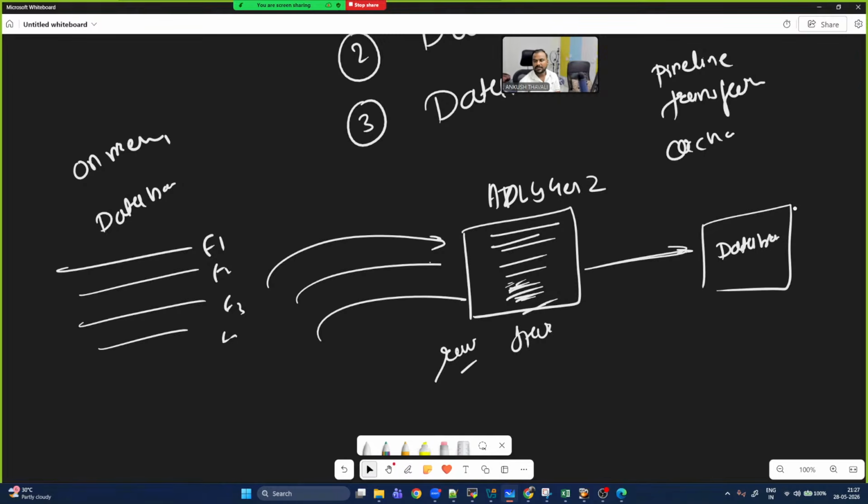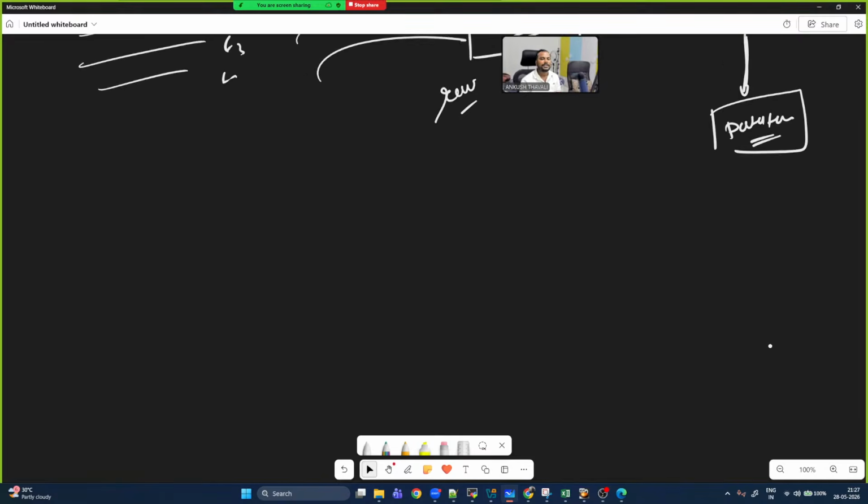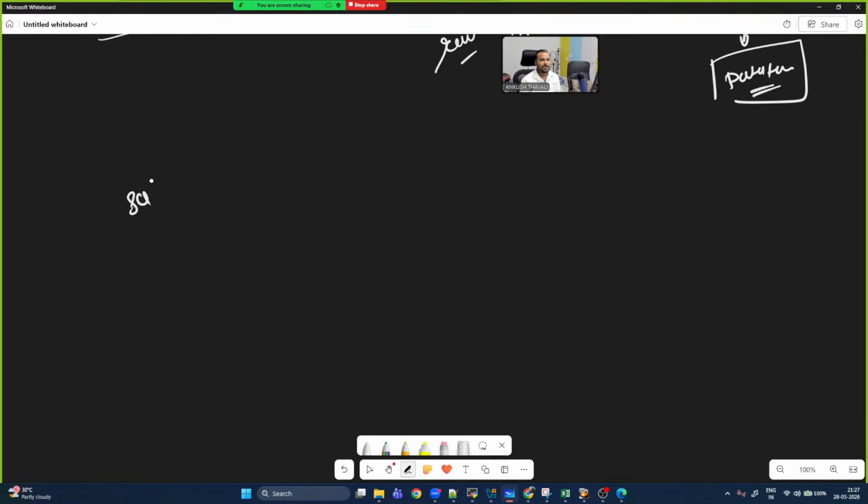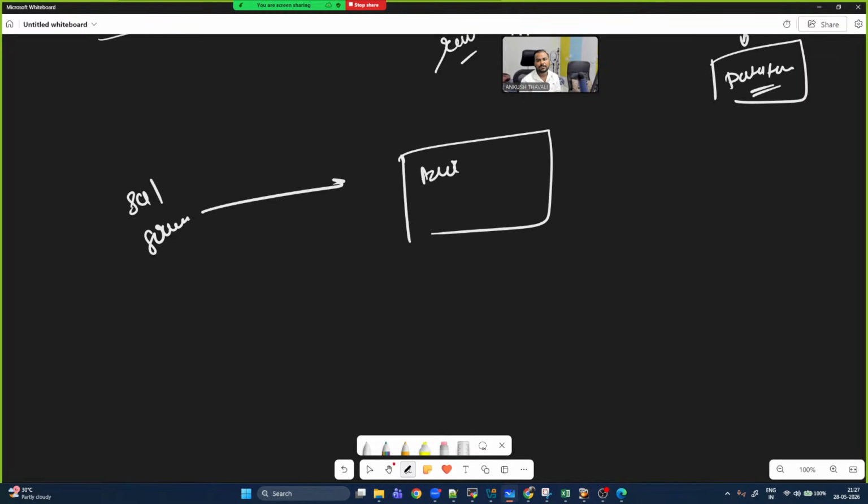Once I get data, if I want to write some basic logic, you can do it by using Databricks, or you can create a pipeline by using Data Factory also. Data Factory also can help you. Let's say you want to move data from your on-premises SQL Server database to, let's say, Azure SQL database.